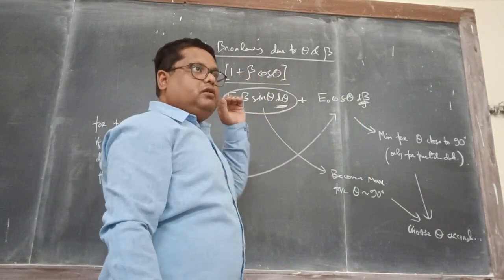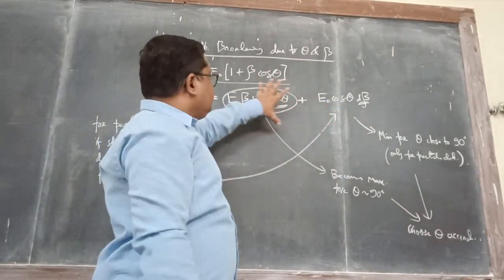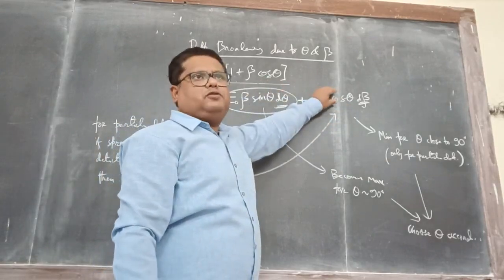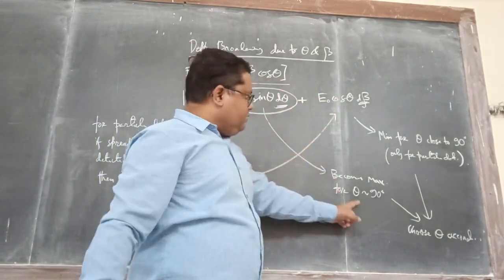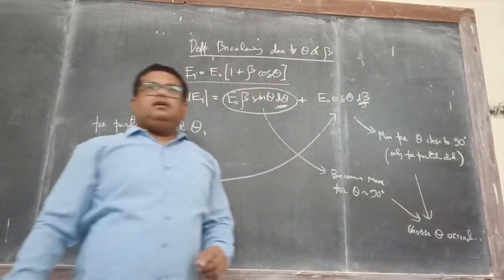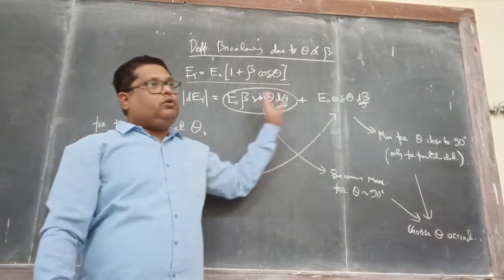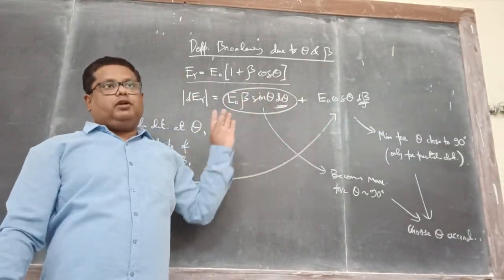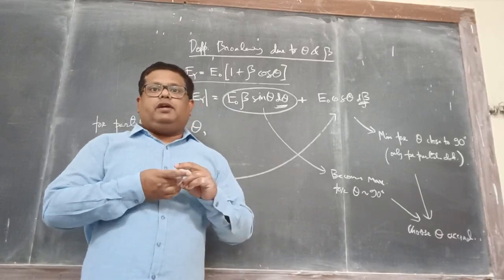Because if we choose our detector at such an angle where this becomes large, although this becomes small, then it is not good. We have to optimize. That's why I have written that we have to choose theta very carefully by calculating both of these two Doppler broadening contributions. Okay, so this is very important while doing an experiment.